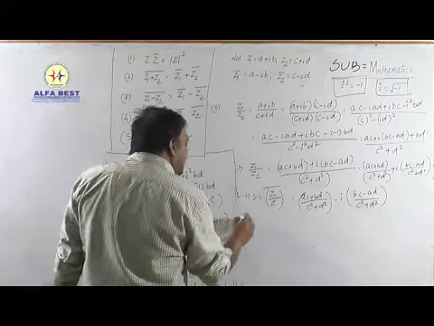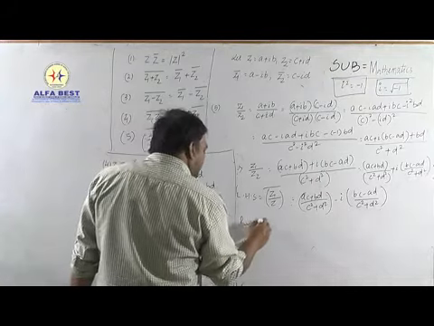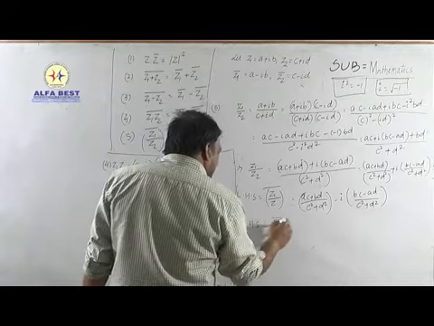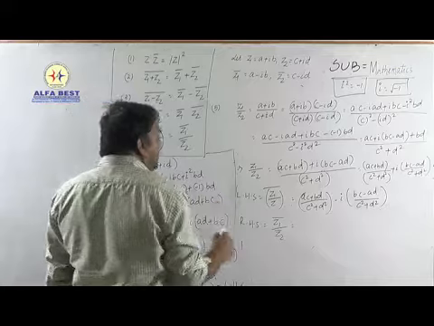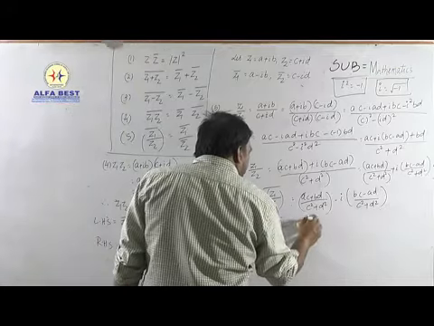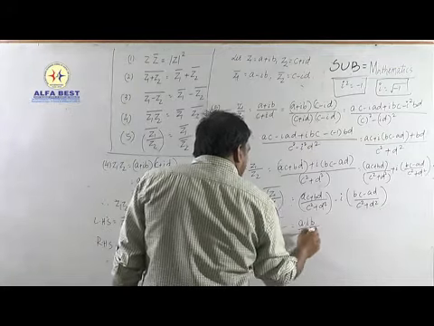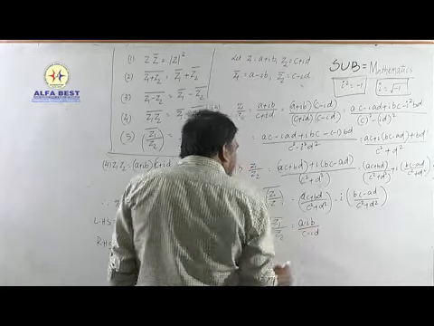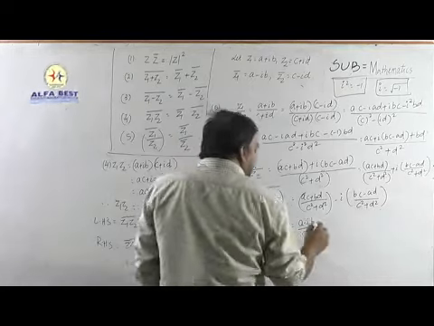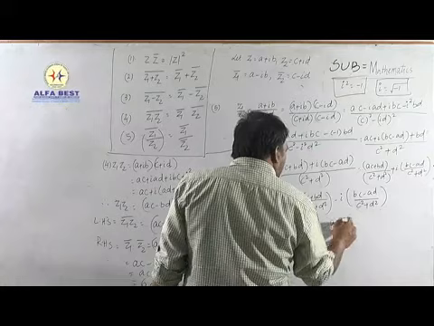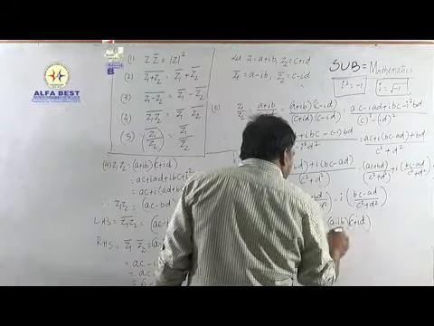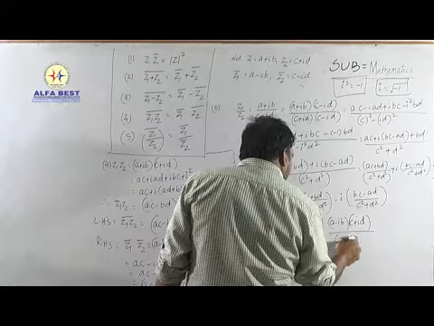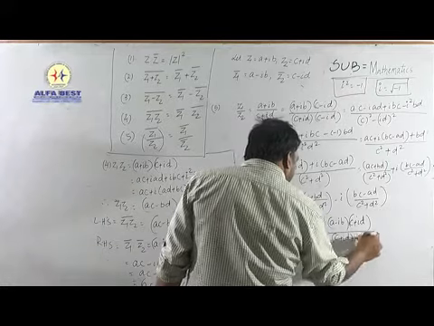RHS is equal to how much? This is your Z1 conjugate divided by Z2 conjugate. So what is your Z1 conjugate? A minus IB. What is your Z2 conjugate? C minus ID. If I multiply C plus ID both in numerator and denominator, this will be C plus ID into C minus ID.